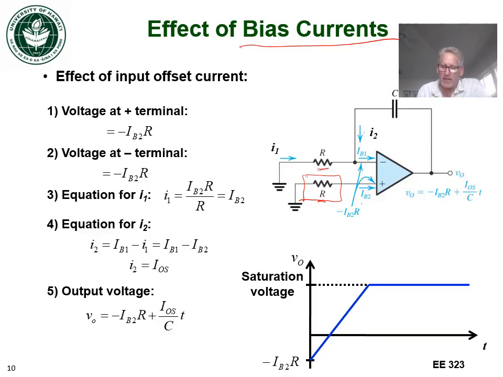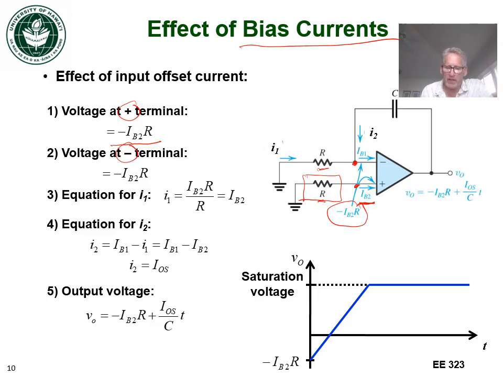And we're going to get a current coming in, IB2, and so this voltage will be minus IB2R right here. That gets mirrored to the negative terminal, so that's also minus IB2R. So we have the same voltage at the positive and negative terminals of minus IB2R.